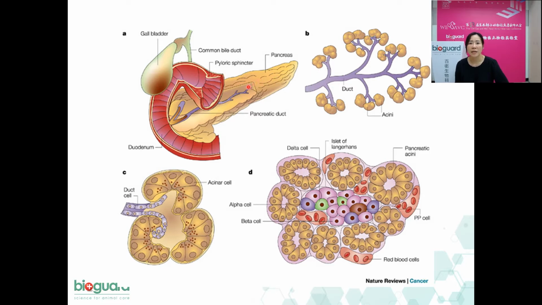These enzymes go into the pancreatic duct, and the duct opens into the duodenum. So when food passes from the stomach to the duodenum, it contacts these enzymes and undergoes digestion. This is the basic anatomy of the pancreas.